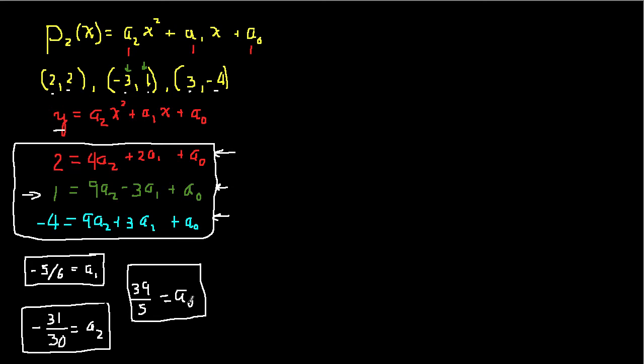I found that a0 is equal to 39 over 5, a1 is equal to -5/6, and a2 is equal to -31 over 30. So that means that I can write the solution here.